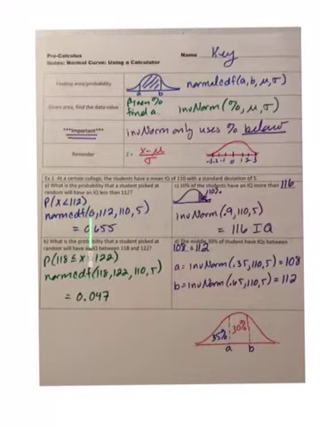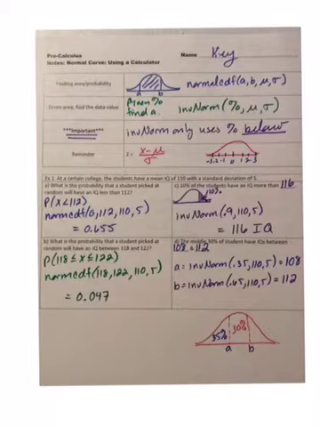We always have to have a left end, and so I just put 0, the smallest IQ there is, up to 112. It doesn't matter if there's an equal sign or not, because it's an area. So area, the line itself doesn't have an actual width. So it doesn't matter if it equals 112 or not, we still go to 112. We are told the mean is 110, the standard deviation is 5, and we get 65.5%.